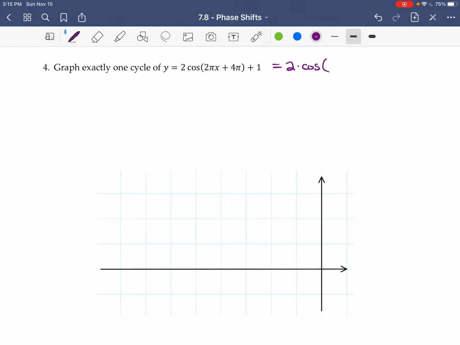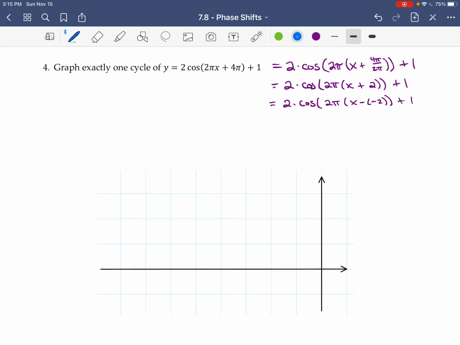So I need to take out the 2 pi, and then it's x plus 4 pi over 2 pi. Plus 1. So that's actually 2 cos of 2 pi x plus 2 plus 1, which is actually 2 cos of 2 pi x minus negative 2.